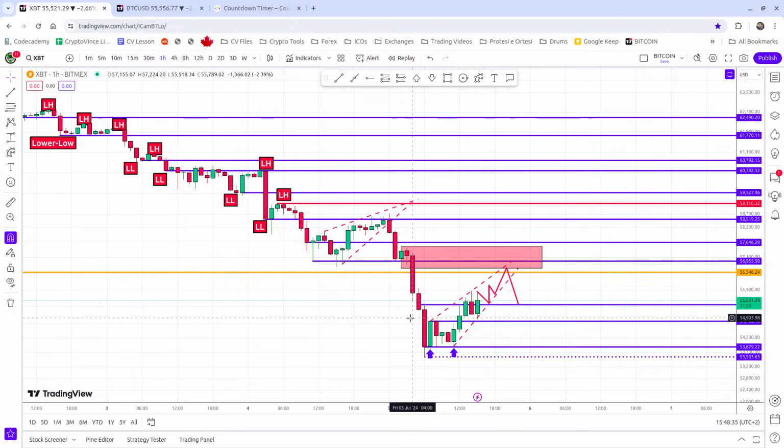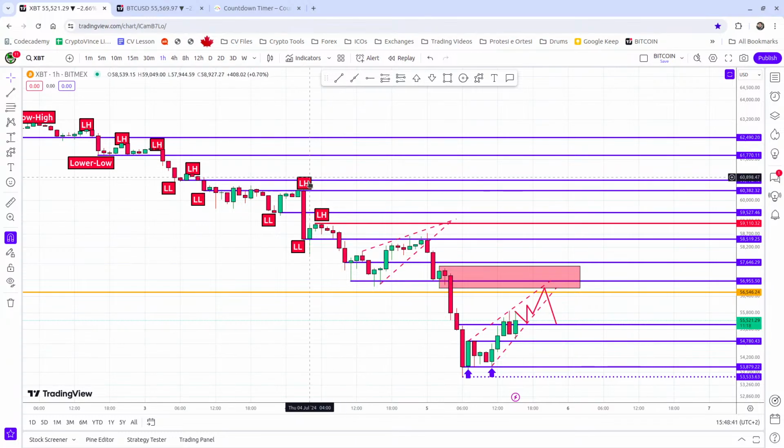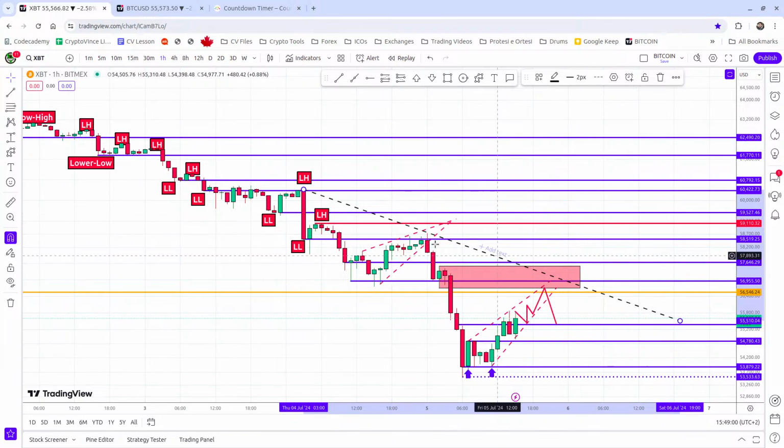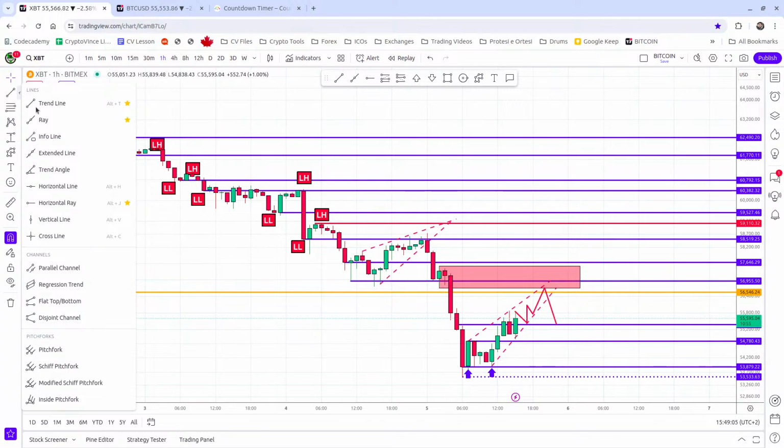What else to add on Bitcoin? What else? Let me see. I was studying the chart a bit earlier before jumping into the stream, and I was tracing this. Let me trace with the ray, I'm more precise.